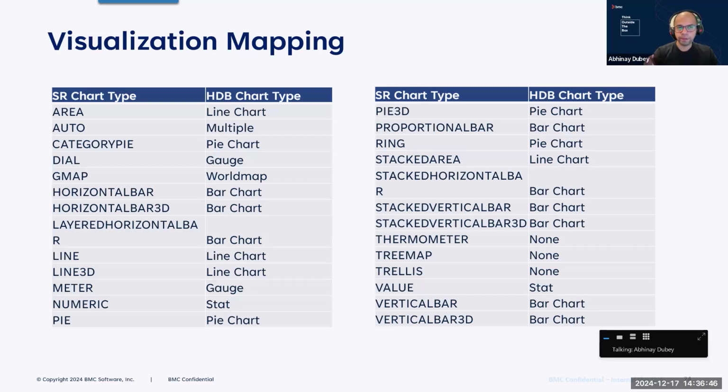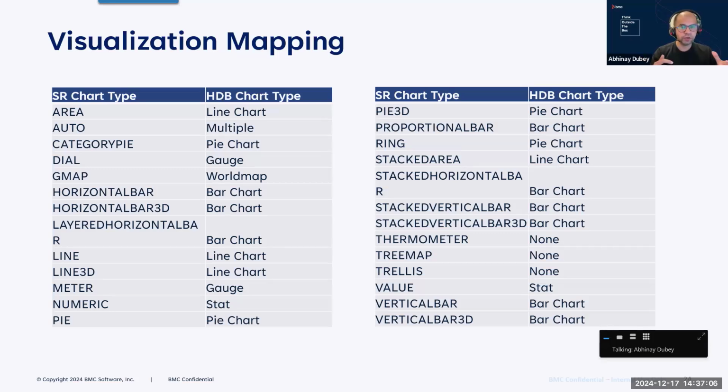But you can also see there are certain visualization types which don't have anything similar on Helix Dashboard. And the biggest reason is the two platforms are essentially very different. They serve very different purposes.